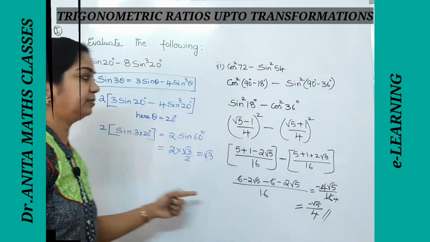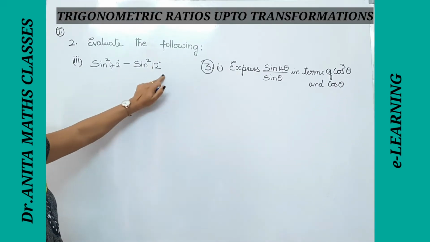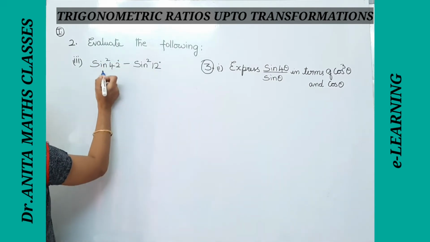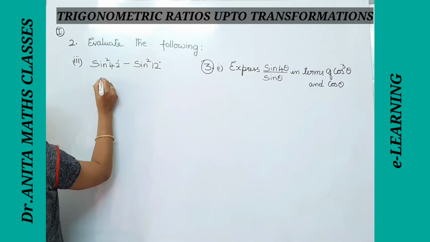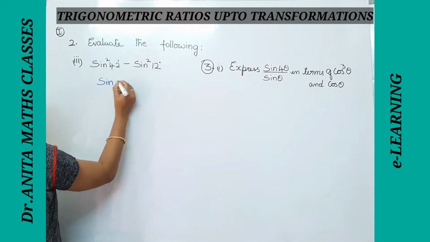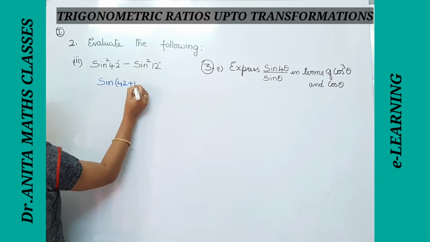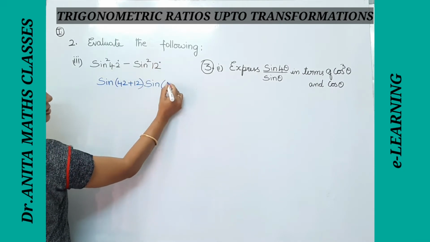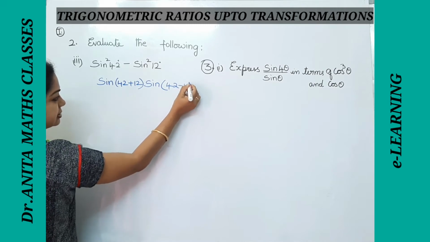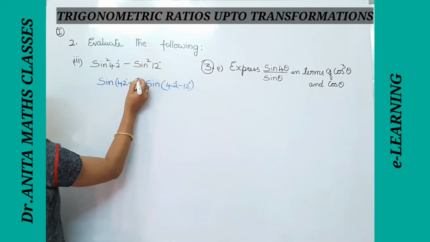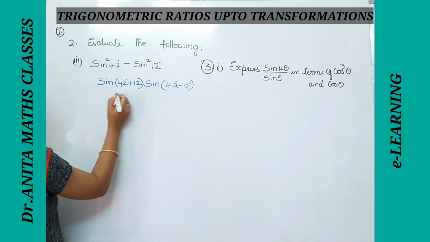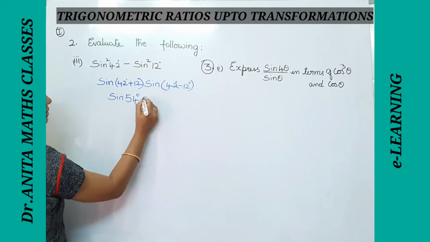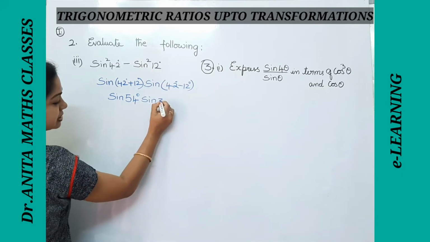The simplified form. Please pause the video. Next: sine square 42 and sine square 12 degrees. Let us suppose this as A and this as B. We can write sine square A minus sine square B as sine of A plus B multiplied by sine of A minus B. These are the compound angles formulas. 42 plus 12 degrees is sine of 54 degrees, and 42 minus 12 is sine of 30 degrees.